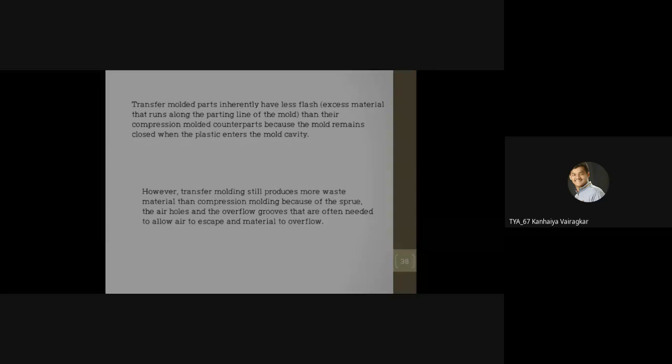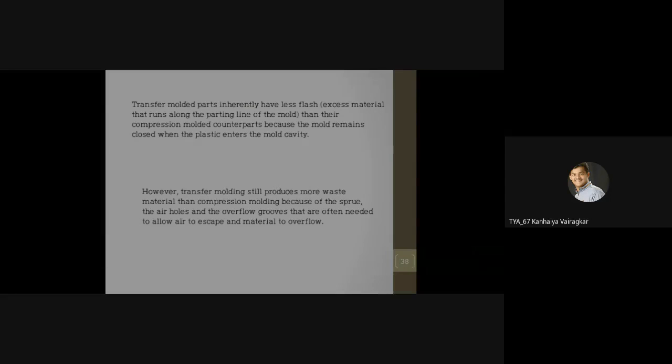So this flash, which is undesirable, will not be there, but it will be there in compression molding. Why is flash not there? Before entering the raw material inside the mold cavity, the mold boxes are completely closed, so there is no passage for the escape of material apart from the mold cavity. So it will directly go to the mold cavity, and flash will not be there.